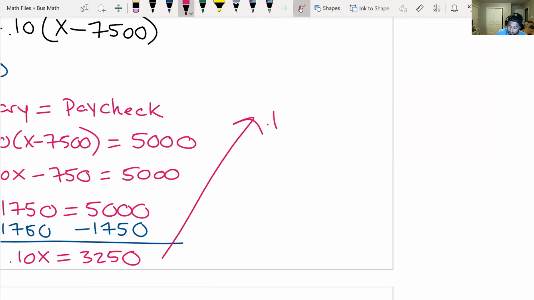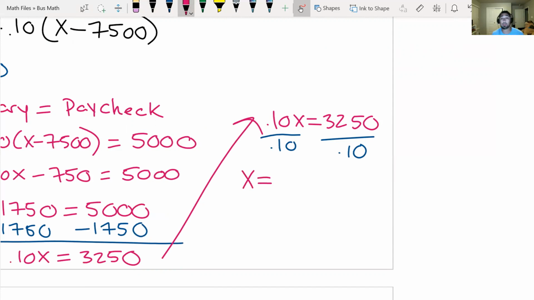So 0.10x equals 3250. Then you'll divide by 0.10. And in order for this employee to make a $5,000 paycheck, they must sell $32,500 in furniture sales.